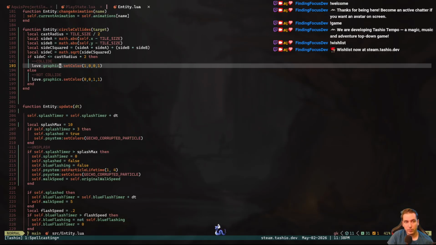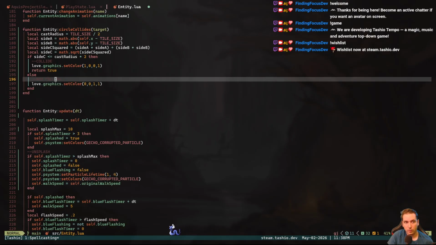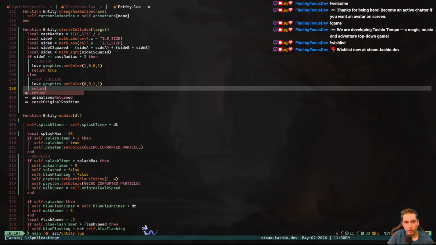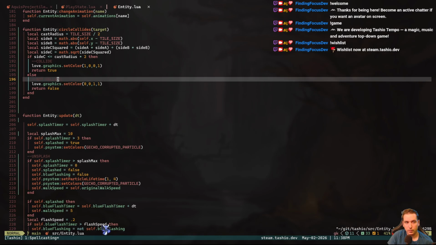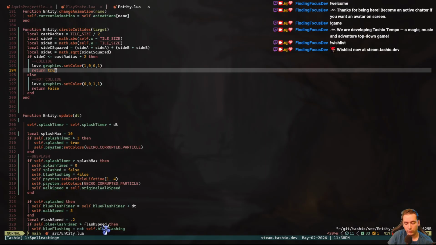So maybe we do want to return true or return false. That way the output of this isn't just setting a color, it is actually returning a value so we can check conditionals.